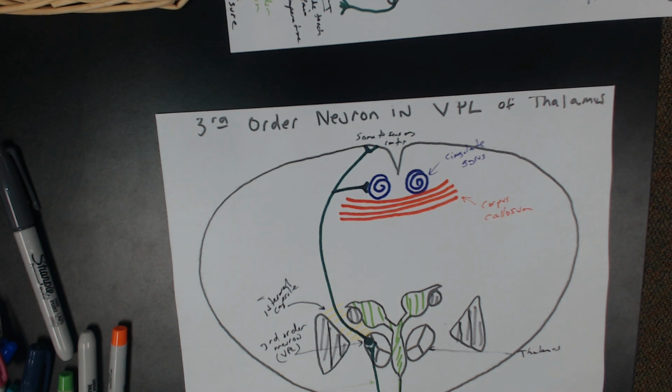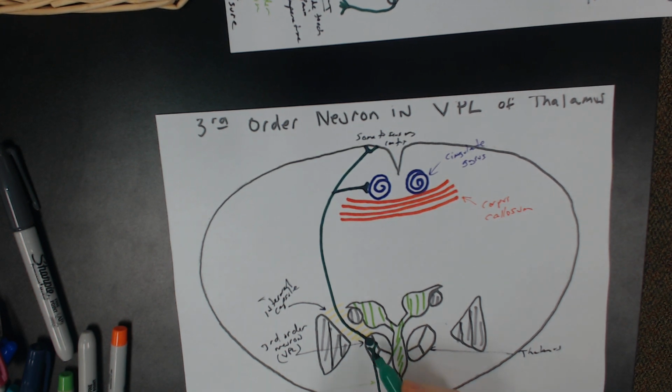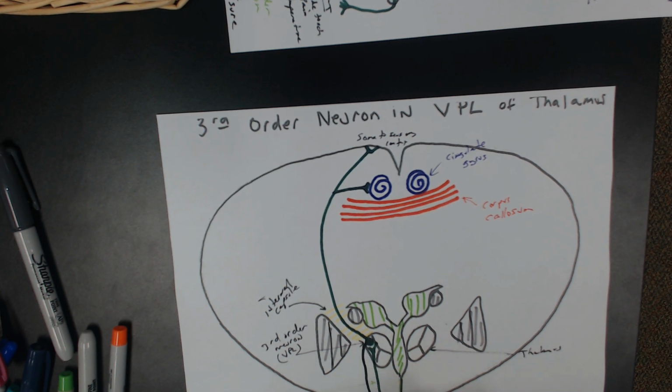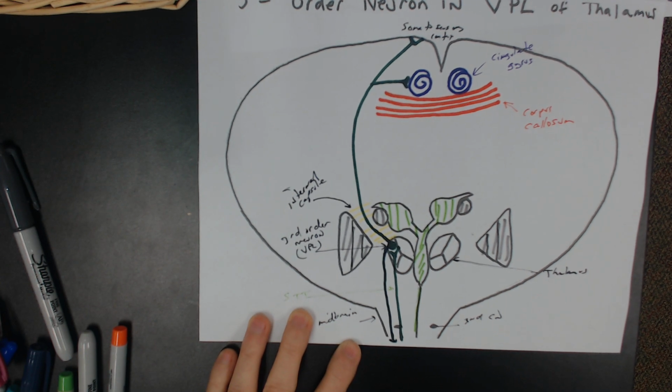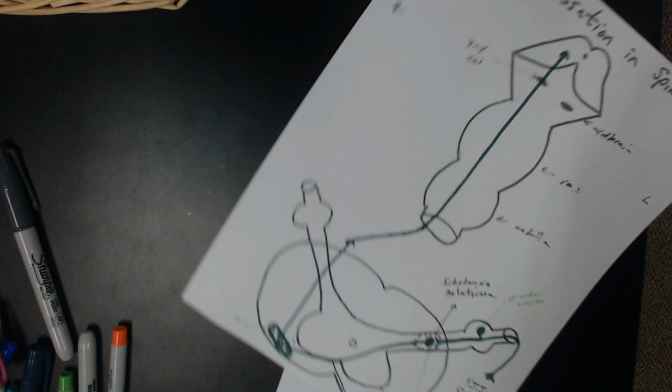The other really cool thing that happens is there's another axon that comes out here and travels way back down through the midbrain again. I'm going to go back to this beginning drawing.